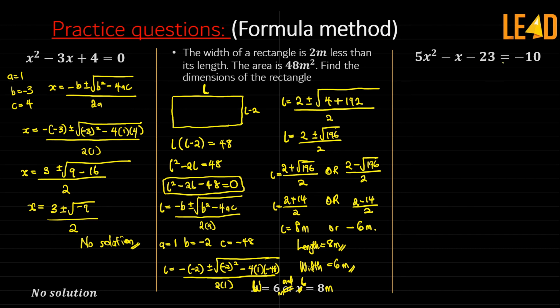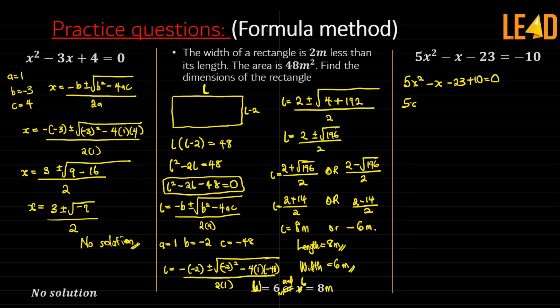Okay, so this is the final one. You can pause the video and try it out if you haven't done that already. Okay, let's go. We need to move minus 10 over because we need to arrange it properly. So we'd have 5x squared minus x minus 23 plus 10 is equal to 0, because this becomes plus 10.